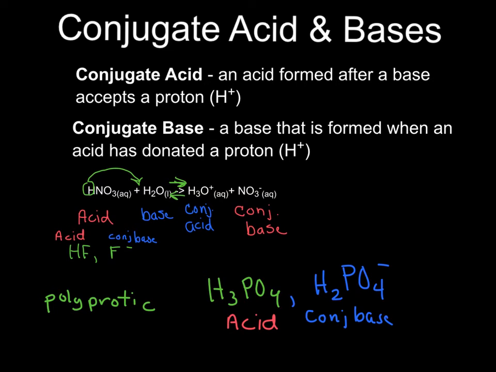If this continues to lose hydrogen ions, then it continues to act as an acid until there are no more left. Let's recap. Conjugate acids are acids that are formed after a base accepts a proton. So if we were to take a look here at this ion, if it acts as a base and becomes phosphoric acid again, it has accepted that proton again.